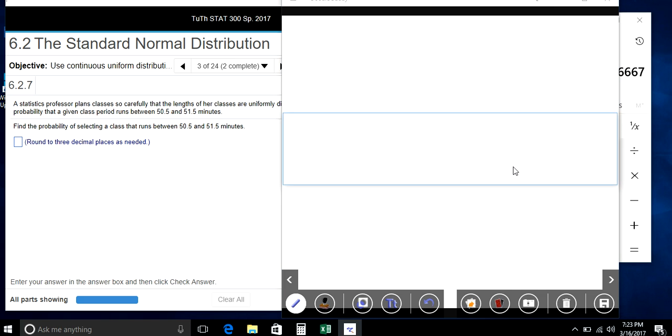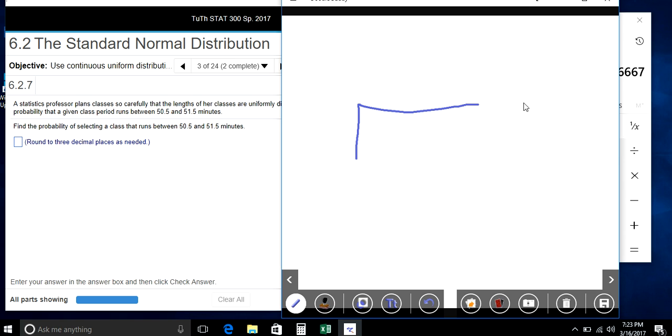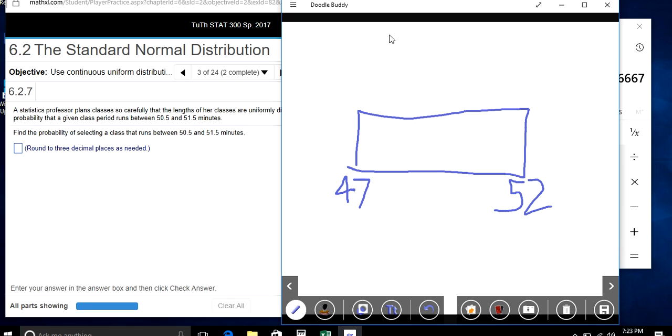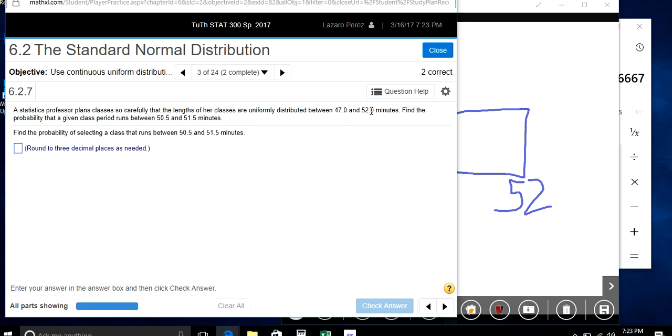Okay, so we still got our uniform. It just says between 47 and 52. So instead of it being from 0 to 9, it's 47 through 52. Then what else it asks?